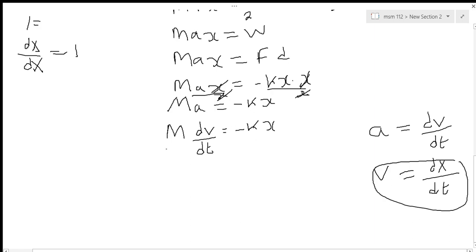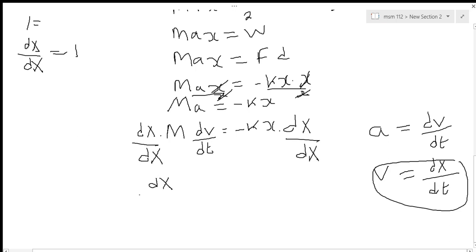So you multiply both sides by dx over dx, even this side dx over dx, like this. Then when you do this, here you align, make sure you produce something which will give you velocity this side. So let me align it.